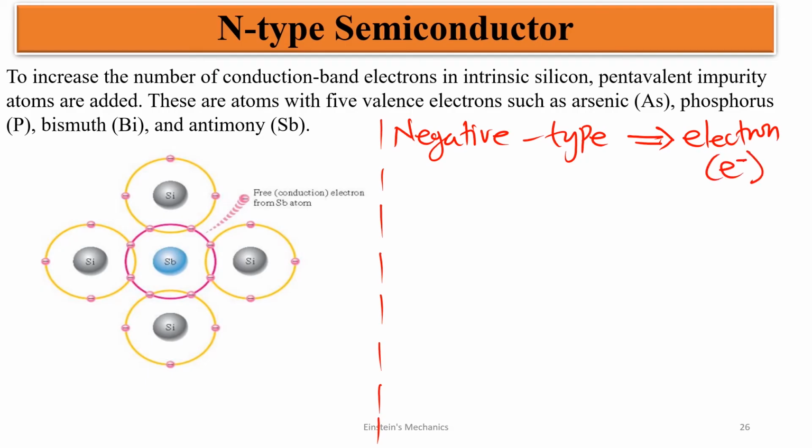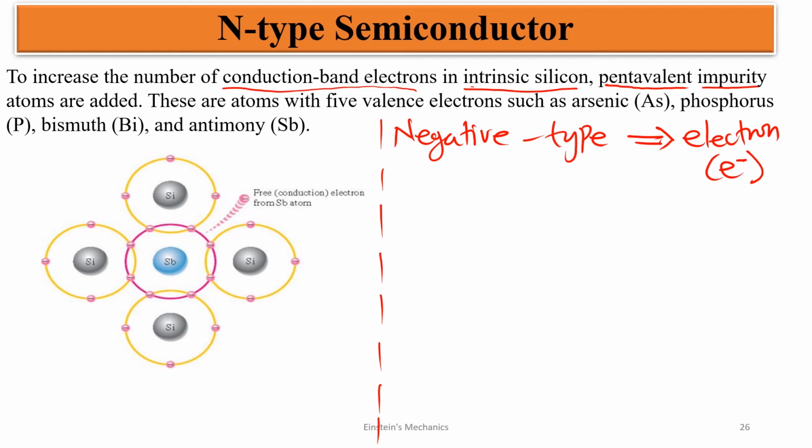It's a simple analogy. Are we okay? So here to achieve the n-type or to use the n-type to create current, what do we say? To increase the number of conduction band electrons in pure silicon, which is a silicon which is not doped. Very good. We use a pentavalent impurity and we add it to it.